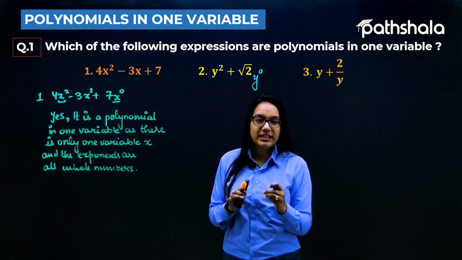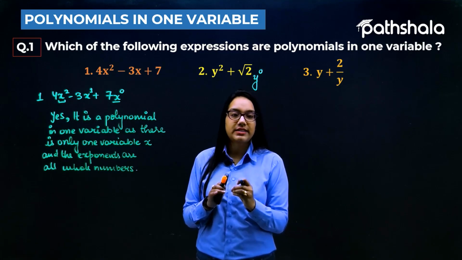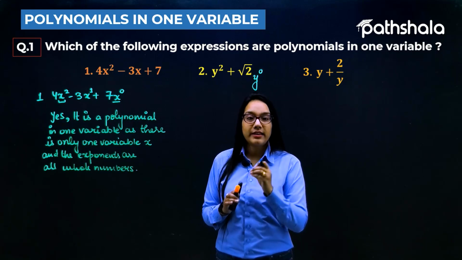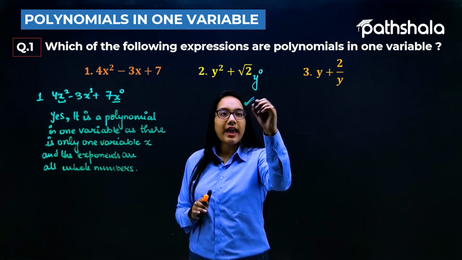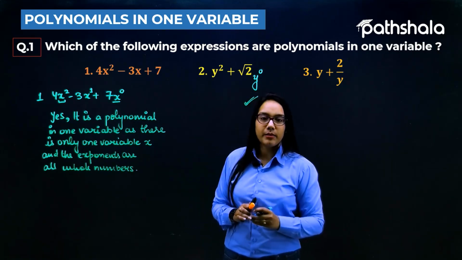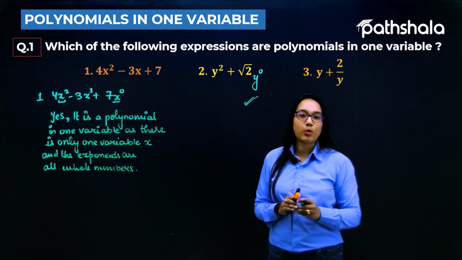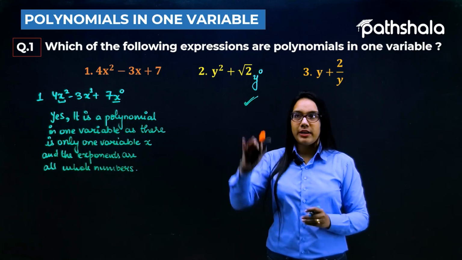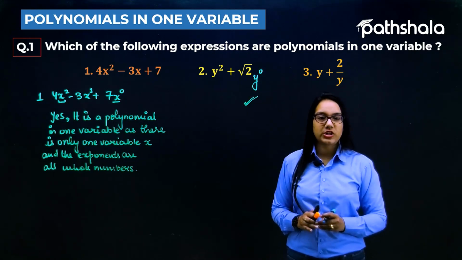Hence all the conditions are satisfied, and yes, this is again a polynomial in one variable, because the exponents are whole numbers and there is only one variable, y.